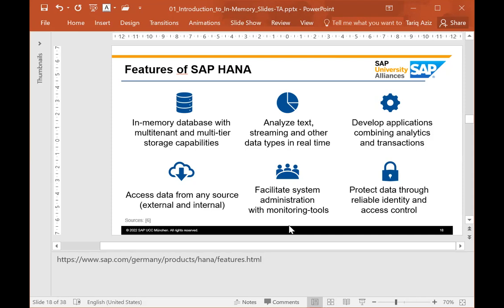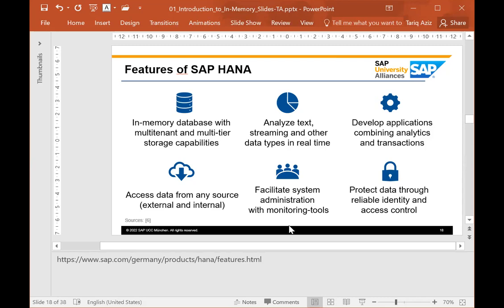So that is the mission critical data that you need in seconds, even less than seconds. This HANA in-memory database also has multi-tier storage capabilities. The mission critical data is available in the RAM. The hot data is available on the hard disk.